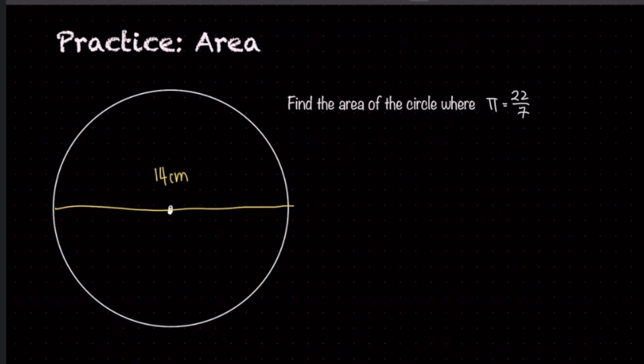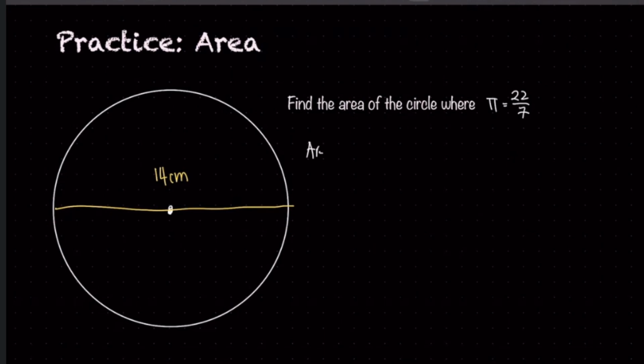Now let's try another question. Find the area of the circle where pi is 22 over 7. So if we look at our circle here, we have the diameter, and the diameter is 14 cm. So first things first, let's write our formula for the circle, area of circle.